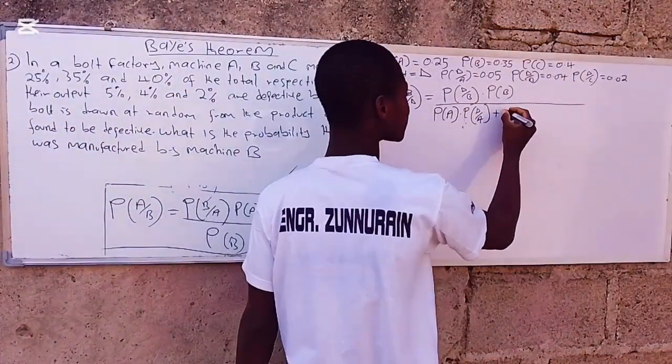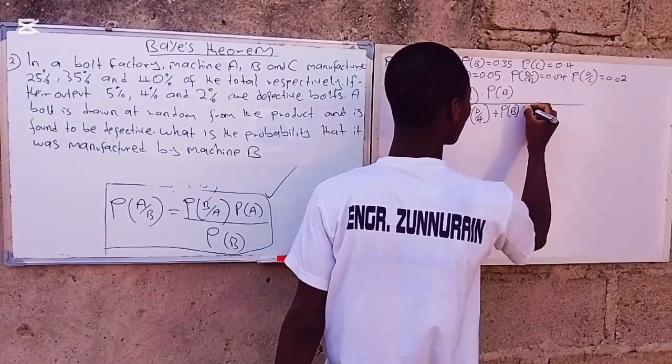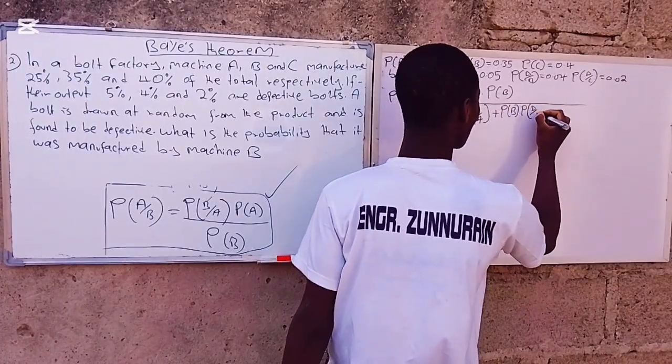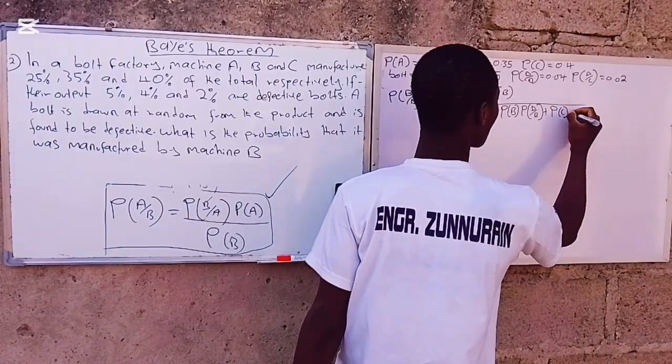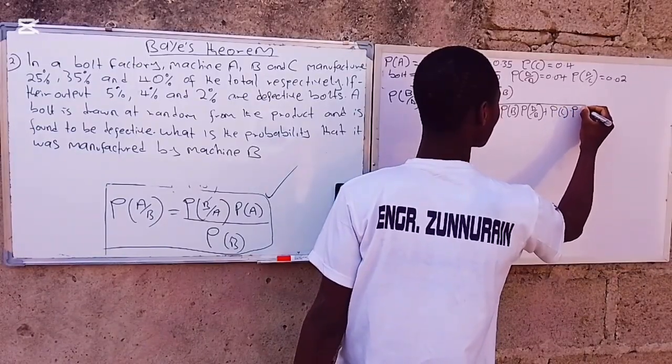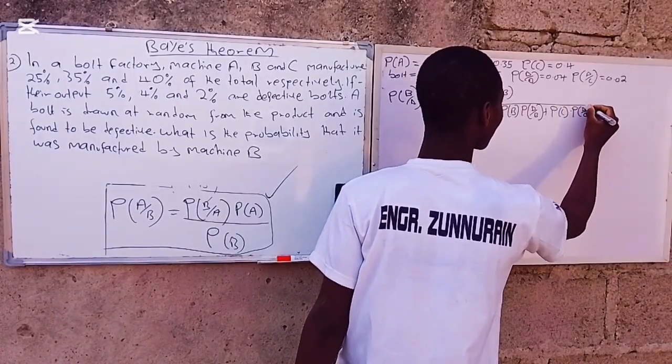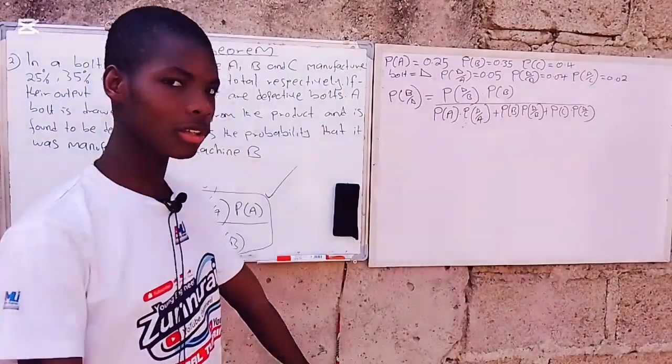So I'm going to say the probability of B multiplied by probability of D against B, plus probability of C multiplied by probability of D against C. So this is all.